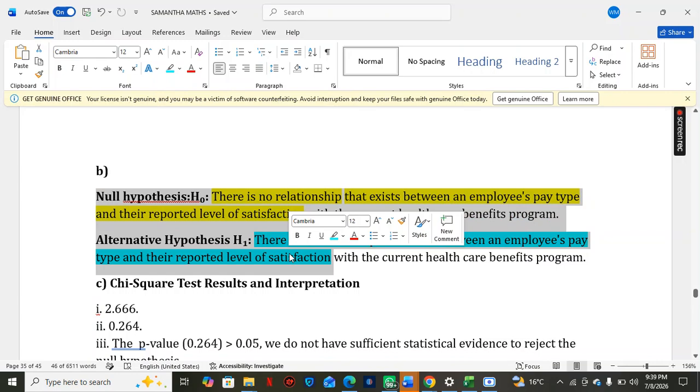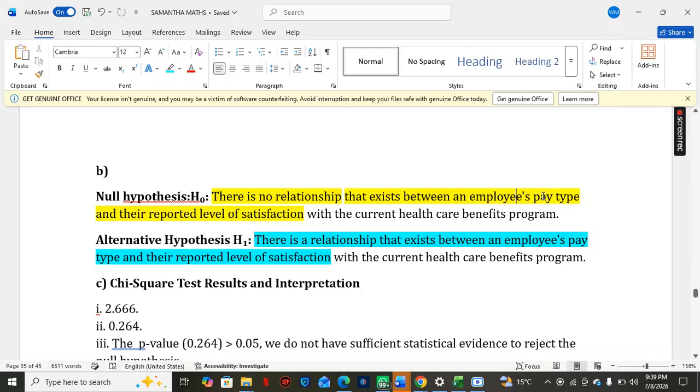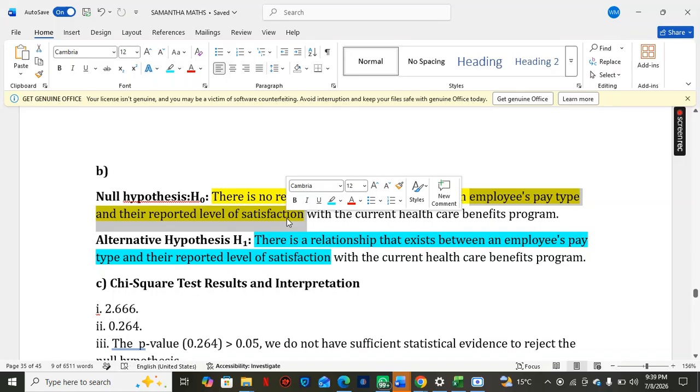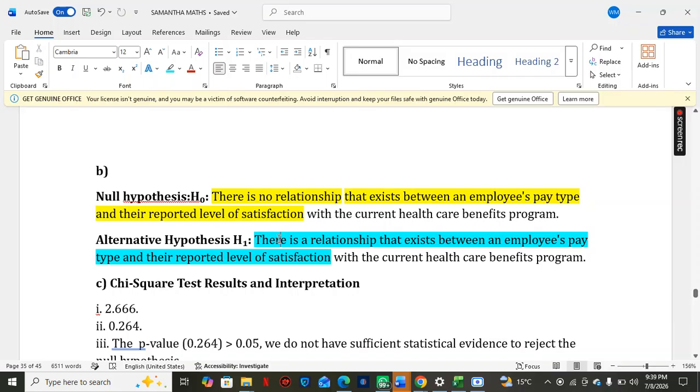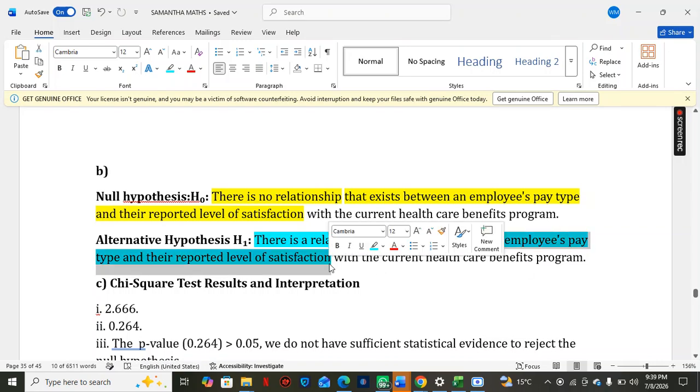For a chi-square test, the null hypothesis, you're always going to assume there is no relationship between the variables. In this case, there is no relationship between employees' pay type and level of satisfaction. Then the alternative hypothesis always challenges the null hypothesis. So for a chi-square test, the alternative hypothesis will always say there is a relationship. And in our question, this relationship is between employees' pay type and their reported level of satisfaction. Is that okay, madam?